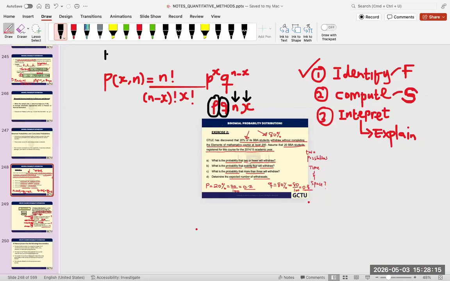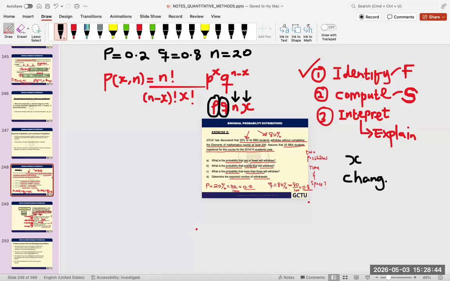We have our P, 0.2. We have the Q to be 0.8. We now know N to be 20. X is a random variable. And once X is a random variable, X will be changing.